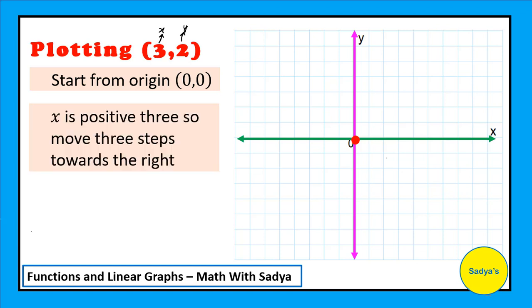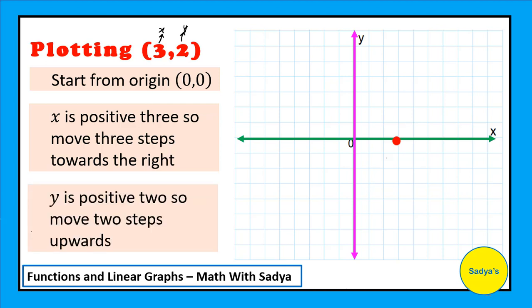So since it is positive 3, so we move 3 steps to the right. Now look at the value of y. Y is positive. It means we will go up. So y is positive 2. So we move 2 steps upwards. And this is the location of the ordered pair 3, 2 on the Cartesian plane.